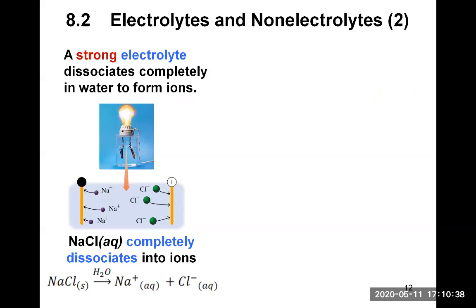And so NaCl that we saw earlier is a strong electrolyte because it completely dissolves into its ions, and it's no more a solid, it's only ions now in water. So we say it completely dissociates into ions, and so these ions will be able to carry the electricity.